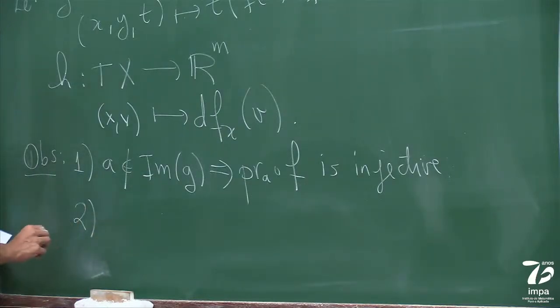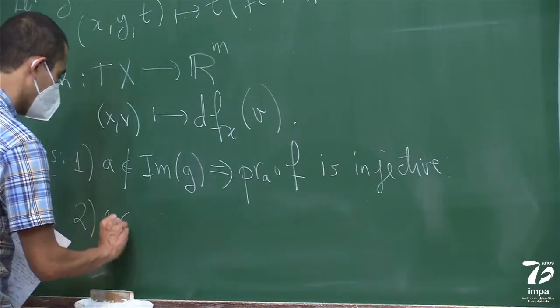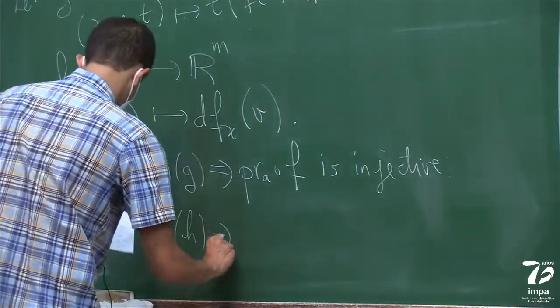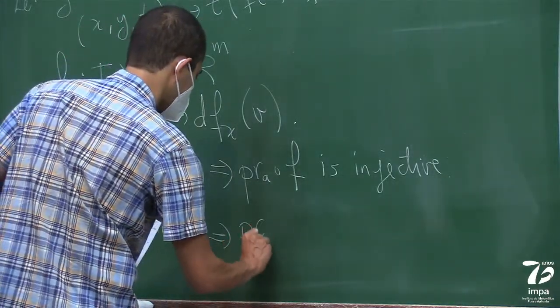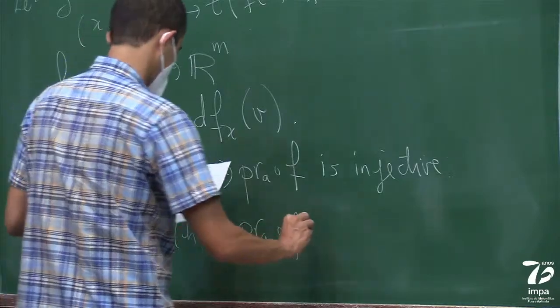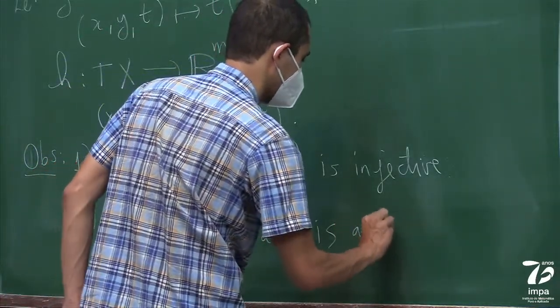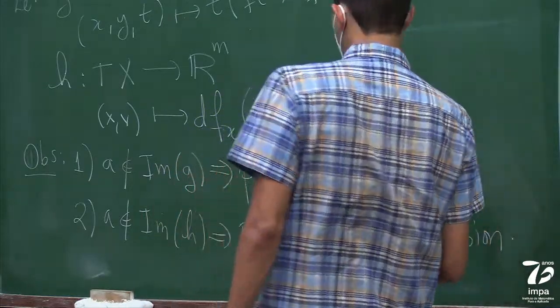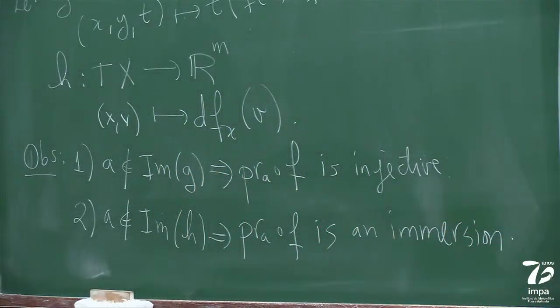And second, I can explain these two observations, but let me write it down. If A is not in the image of H, then when I project in this direction, I'm still an immersion. And remember that my domain is compact, so an injective immersion is an embedding.